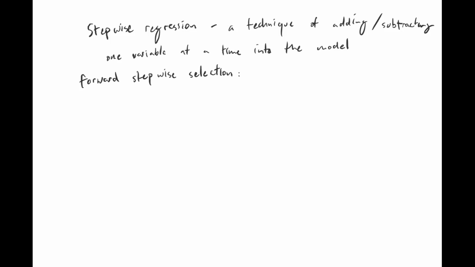So I think the best way to describe the algorithm is essentially just to walk through it. Okay, so the first step, choose a model with no predictors.